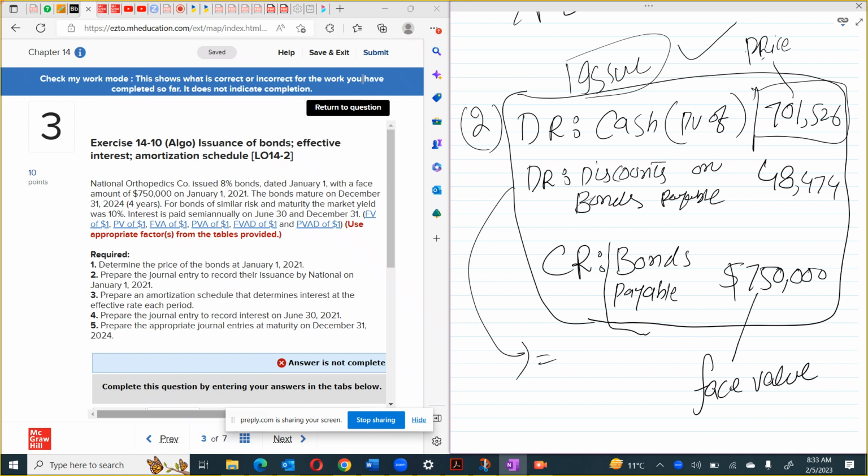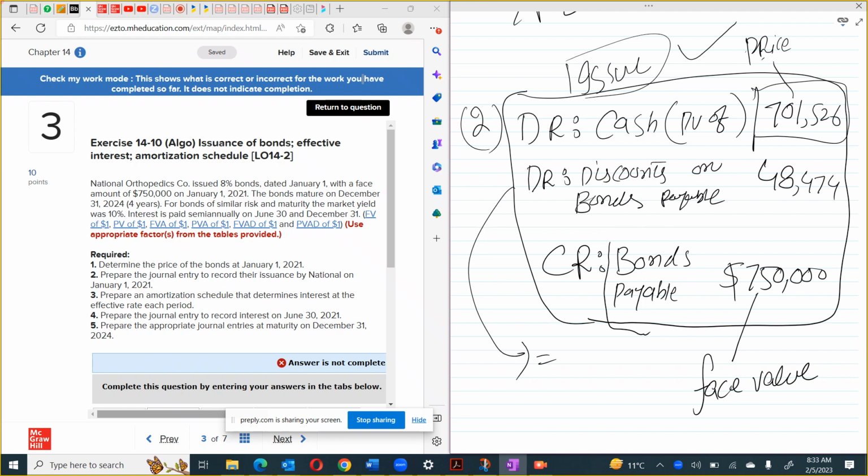No, no, no. Listen to the logic. At present value, at now, you need to calculate the present value. Although the bond is 750,000, the present value of that face amount is 7701526.